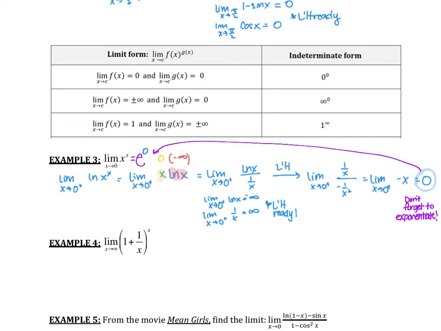So my full limit is e raised to the 0, which is just 1. So the limit as x approaches 0 of x to the x power is 1.